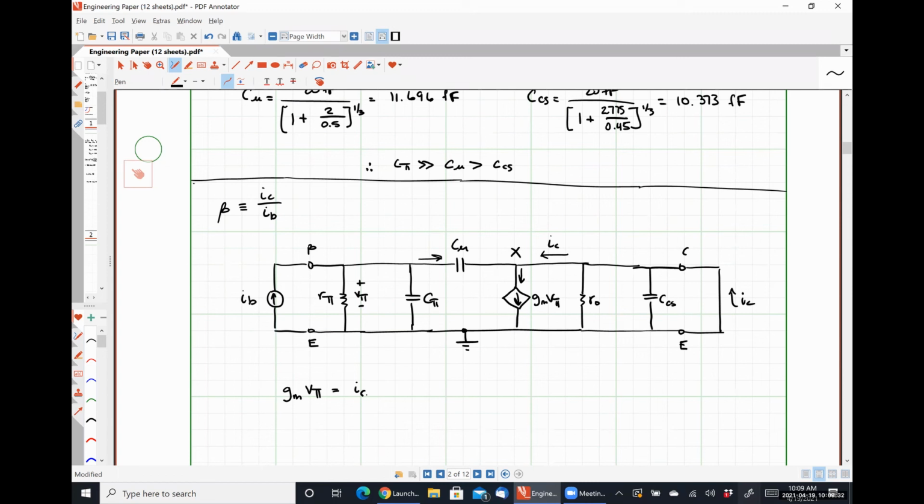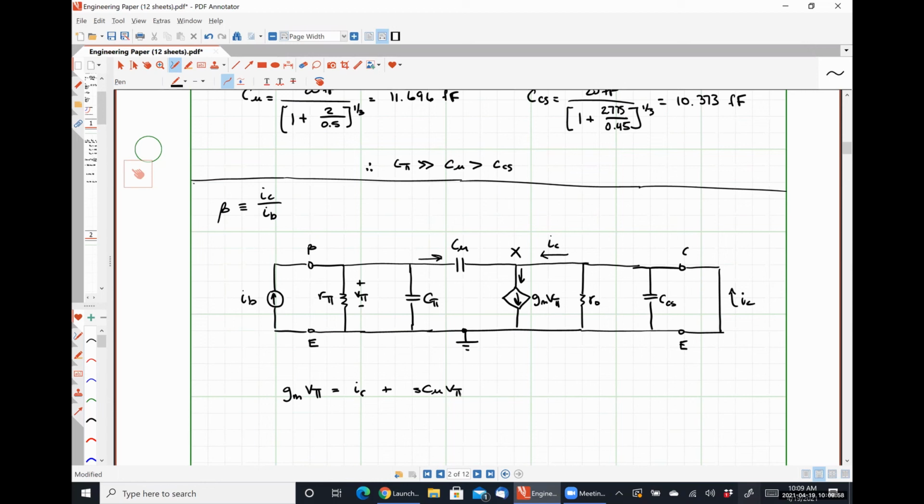I'm going to express that as simply this known voltage V pi. So I'll have V pi minus 0 divided by the impedance of this guy, which is going to look like S times C mu times V pi. Everybody okay with that?